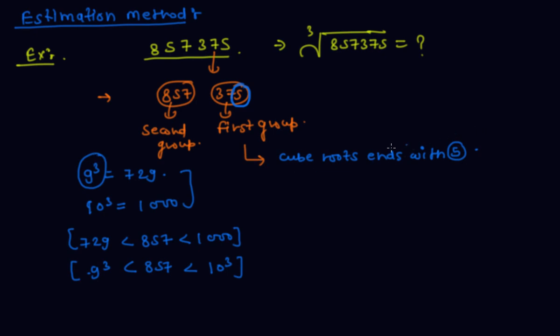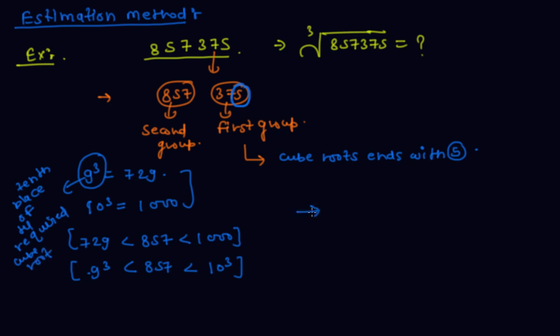So the smaller number's base takes the tens place of the required cube root.